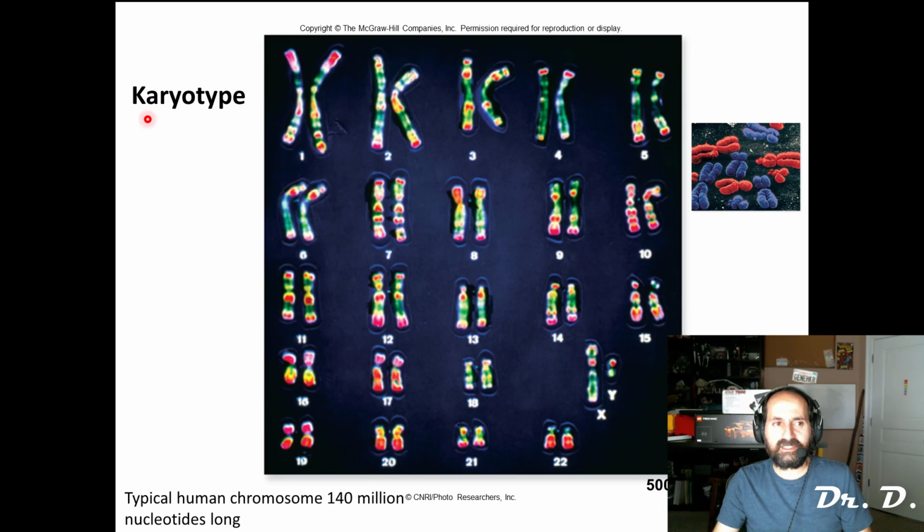This is what's known as a karyotype. It's an actual laboratory procedure where you can take mitotic chromosomes from a cell nucleus and line them up. Okay, so you'll see you have these two are called chromosome 1. You have two chromosome 2s. You have two chromosome 3s, 4, 5, and so on and so forth.